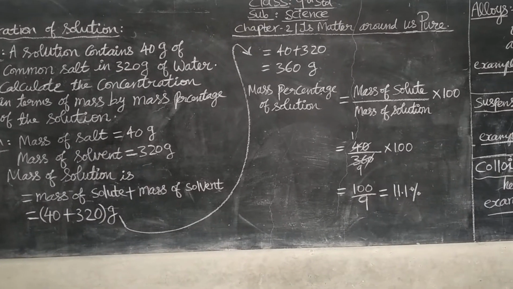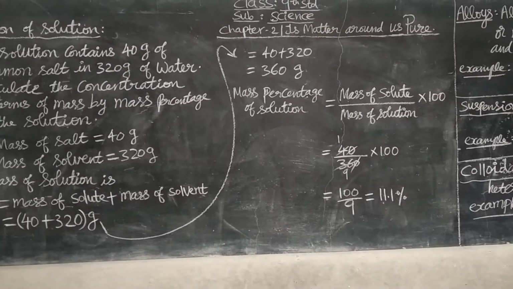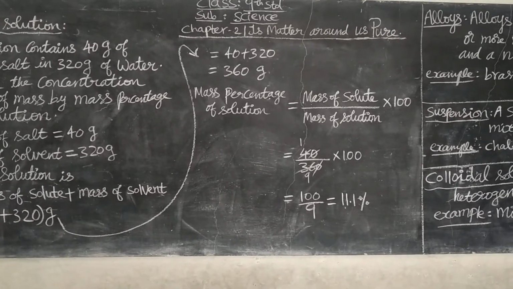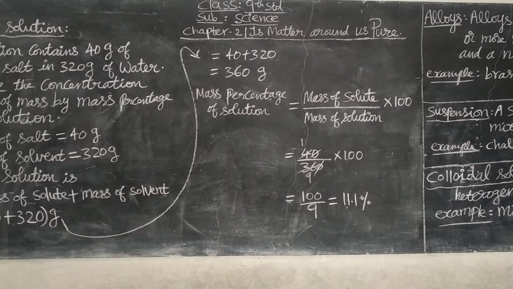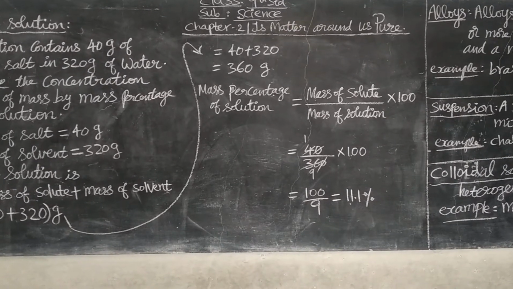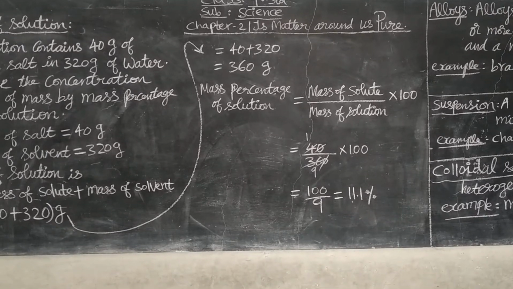Now you have to calculate in percentage. How to calculate in percentage? There is a formula, like in maths. Mass percentage of solution is equal to mass of solute divided by mass of solution into 100.